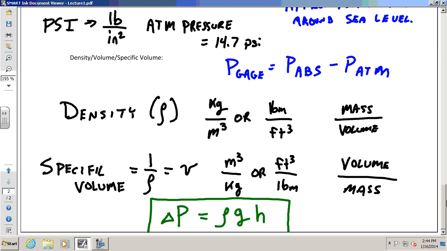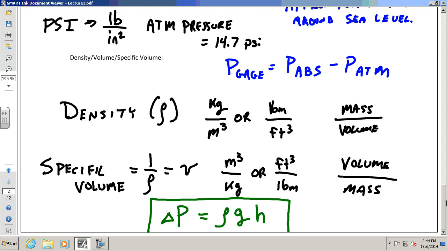Now the density, I just gave it to you. Gravity, g, I said to memorize this. It's either 9.81 meters per second squared or 32.2 feet per second squared. And h would be just the height difference. You all know that if you go down into the pool, there's more pressure at the bottom than at the top. The change in pressure would be the difference in height between the top and the bottom of the pool, times g times the density of water.